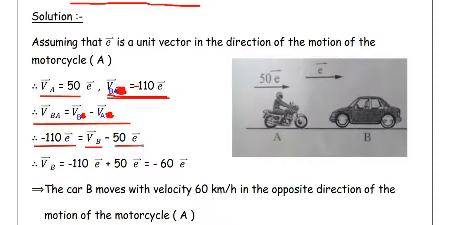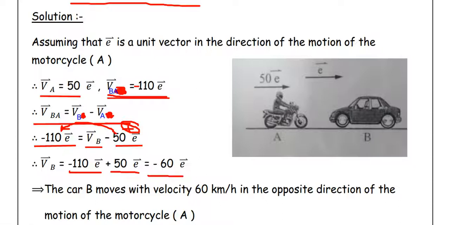To get VB, this will go to the other side with the positive, because it's negative here, it will be positive. So VB equals negative 110E plus 50E, so the answer is negative 60E.